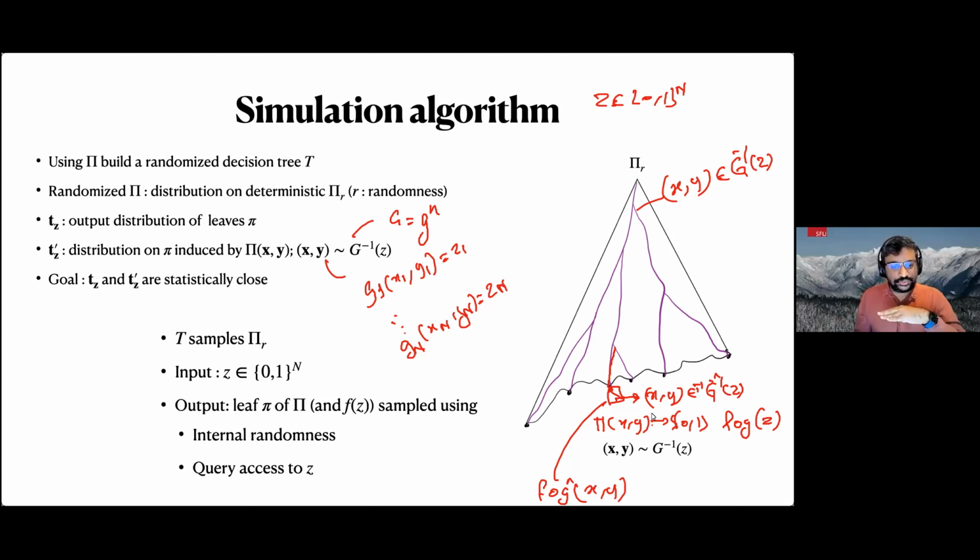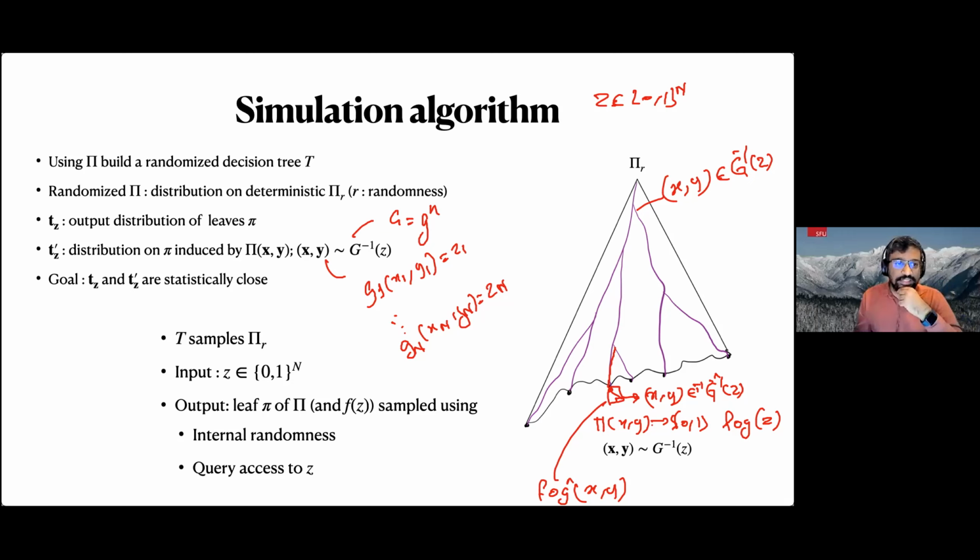So in the deterministic setting, if we can follow one path where we always have at least one xy from G inverse of z, then the leaf that we reach would tell us the correct value of f of z.